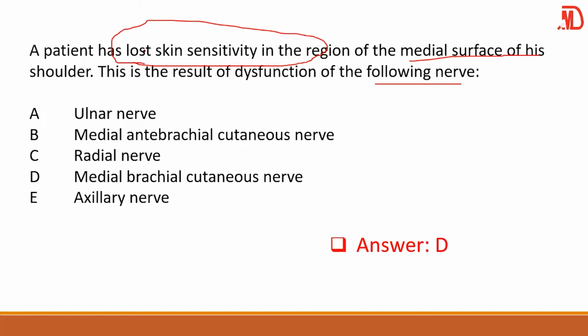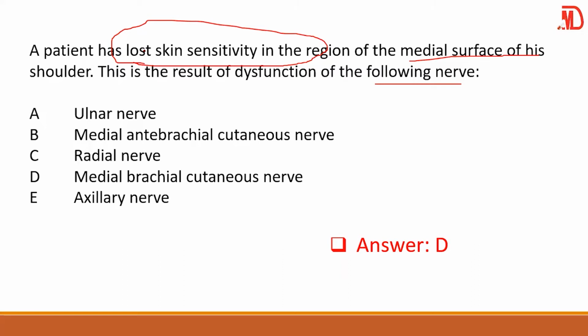Now, if you talk about the antebrachial cutaneous nerve, that one supplies the anterior medial area of the forearm. Don't forget the difference between arm and forearm. Your arm is from your shoulder to your elbow. Your forearm is from your elbow down to your hands.